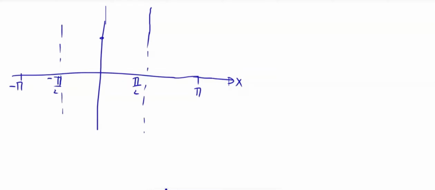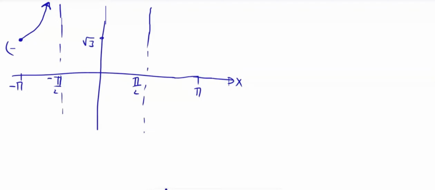So the graph will look like this, so that's going to be square root 3, and at that point, when x equals negative pi, it's going to be infinity. So that's my endpoint.